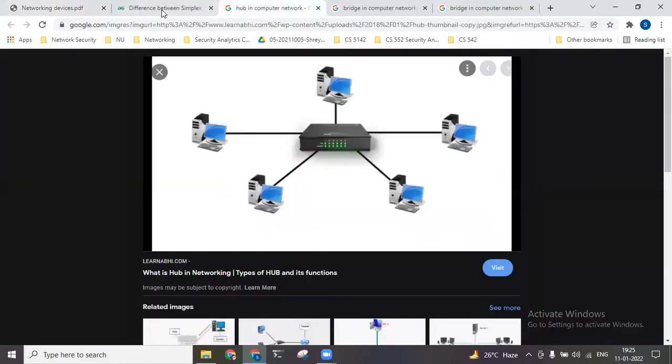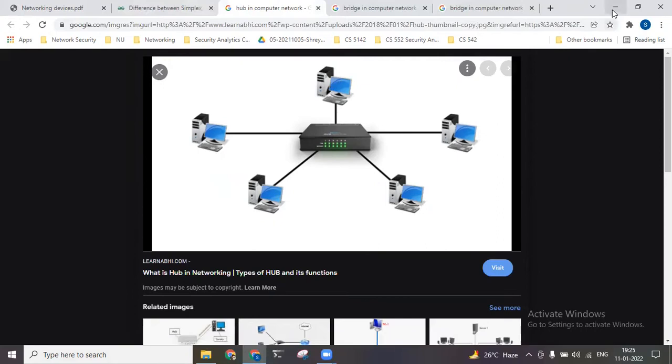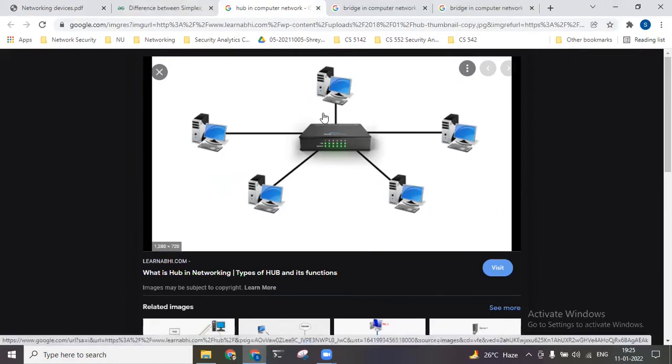If we Google what a hub is, we can see it is basically a device to which multiple endpoint devices, the laptops, the computers, the servers, are connected. This entire thing looks like a star topology. Why is the name given as hub?